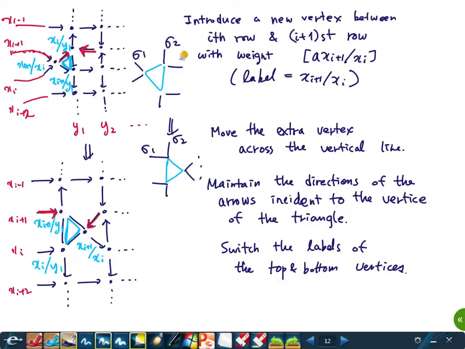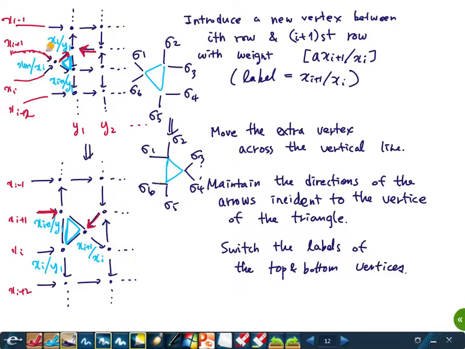So basically, I'm going to keep the orientation of these 6 arrows like that: sigma 1, sigma 2, sigma 3, sigma 4, sigma 5, sigma 6. I just kept these 6 arrows with the same orientation. If you see, you can find it.